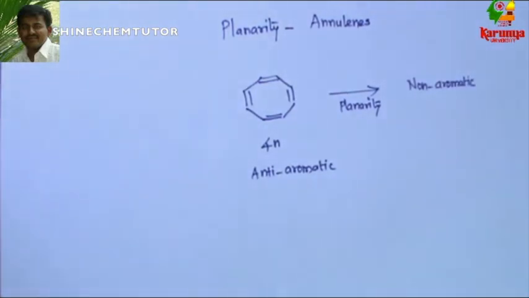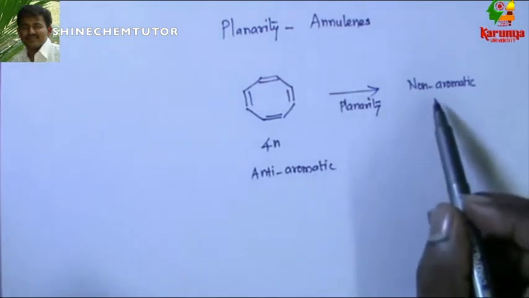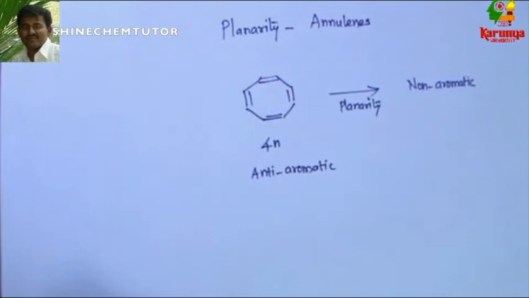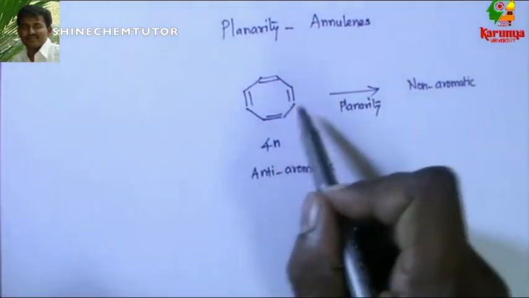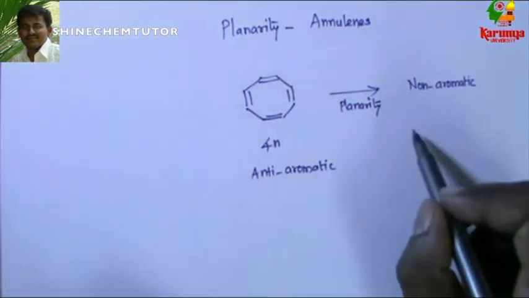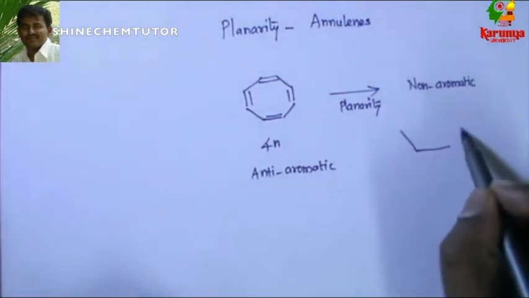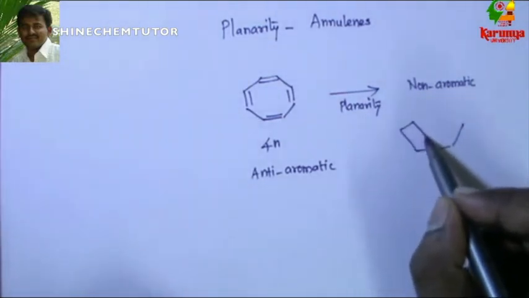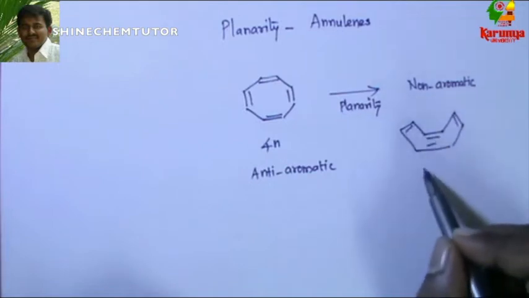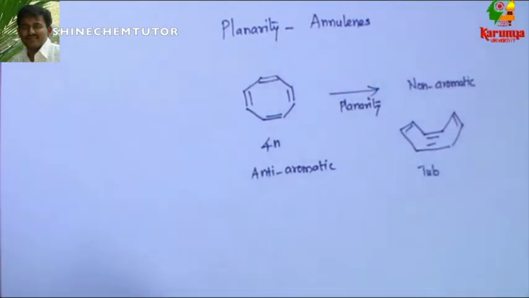You may know that non-aromatic compound is more stable than anti-aromatic compound. For this reason, this molecule doesn't exist in a plane. So it prefers to exist like this, a tub shape.